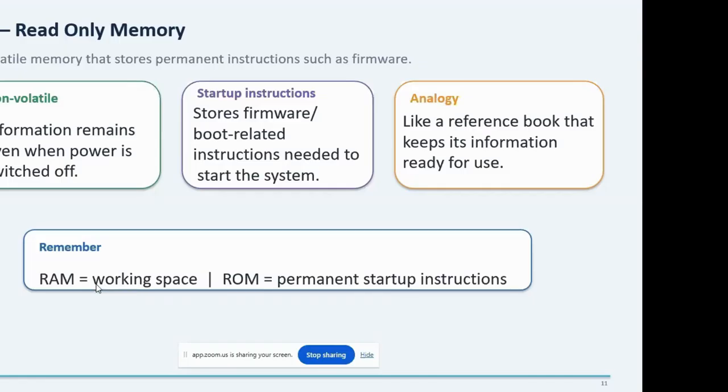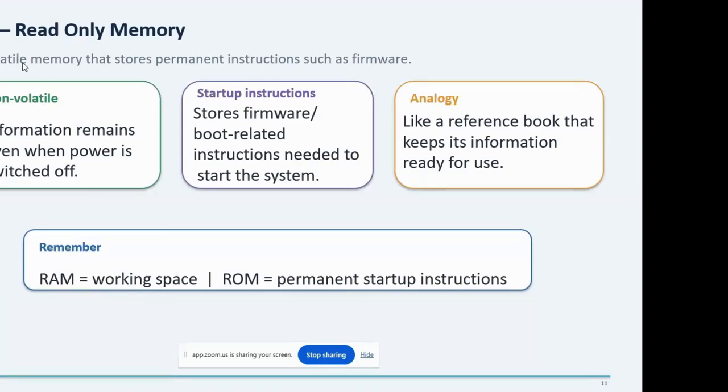This also comes under primary memory only. But the main difference between RAM and ROM is that this is non-volatile memory. As I told, volatile means it is temporary, whereas non-volatile means it is permanent.